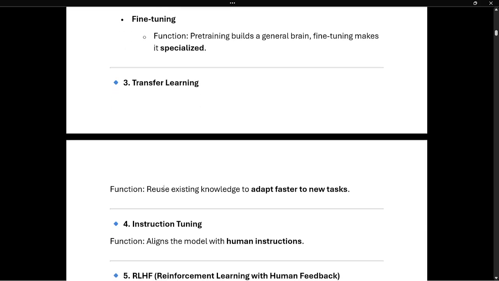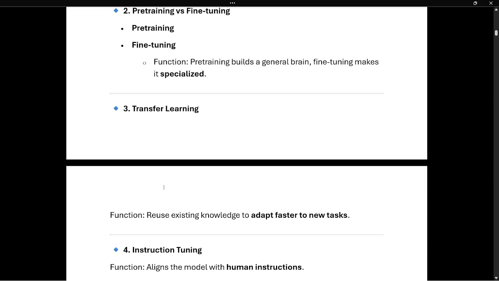Now the next concept is transfer learning. What is transfer learning here? The basic idea is that we do not start from scratch every time. We don't need the LLM to start from scratch. Instead, it takes a pre-trained model that already knows general language and transfers it to a new task or domain.